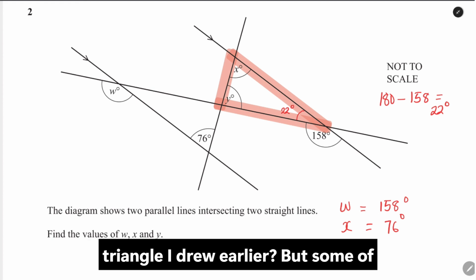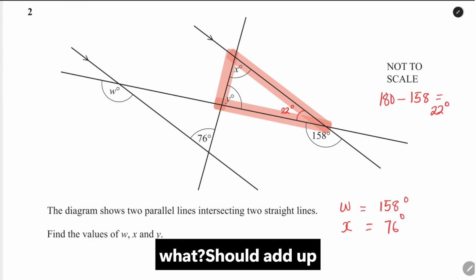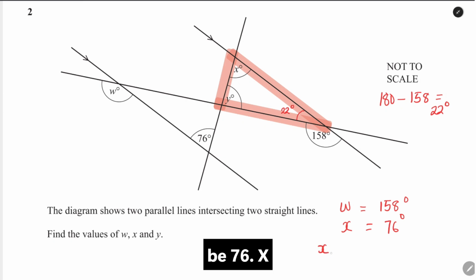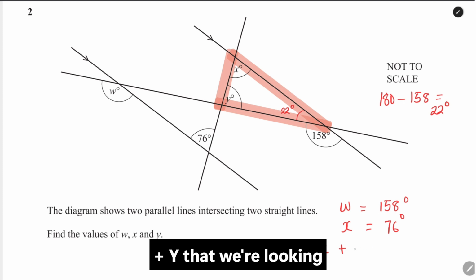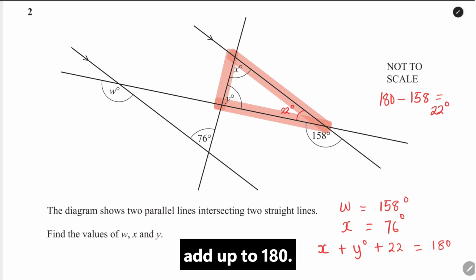Remember the triangle I drew earlier? The sum of angles in a triangle should add up to what? It should add up to 180. Therefore, x, which we found earlier to be 76, plus y that we're looking for now, plus 22 should add up to 180.